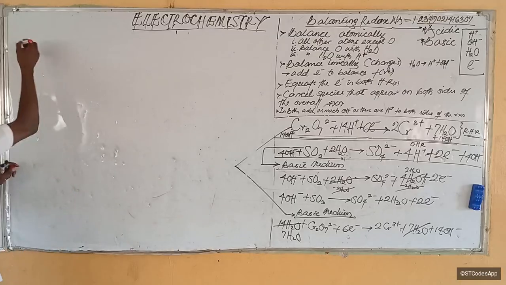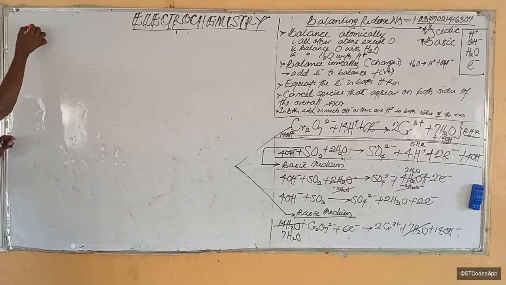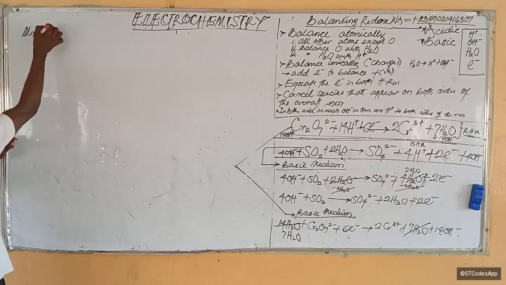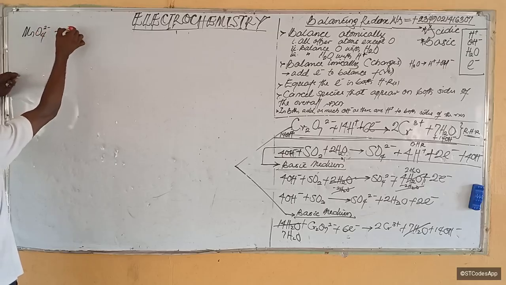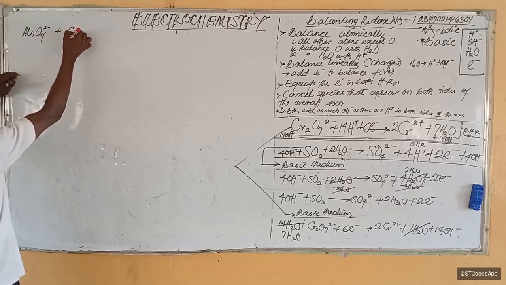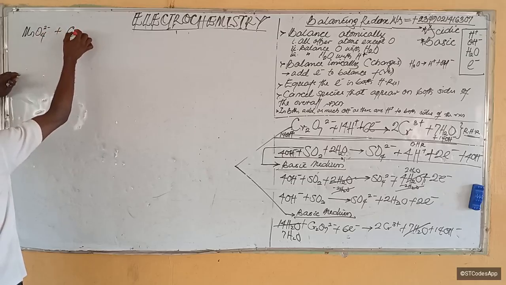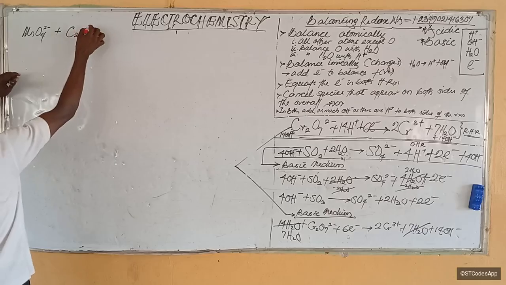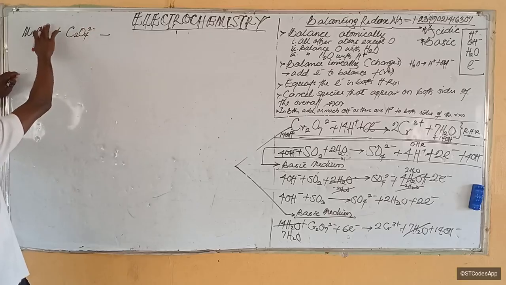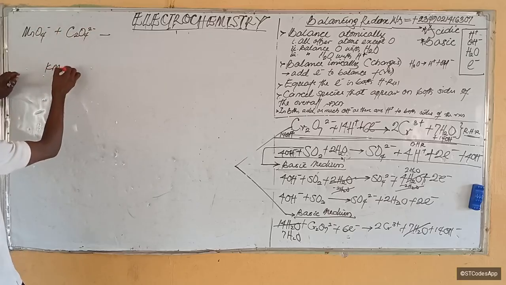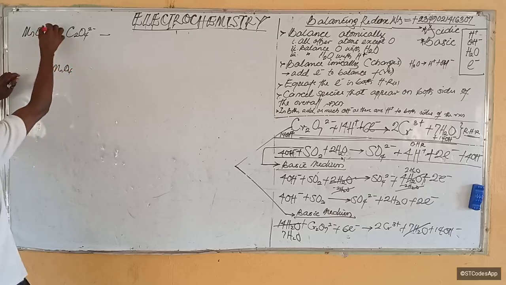Let's balance this reaction. MnO4, I think, is minus because we have KMnO4. It is minus, not 2 minus.